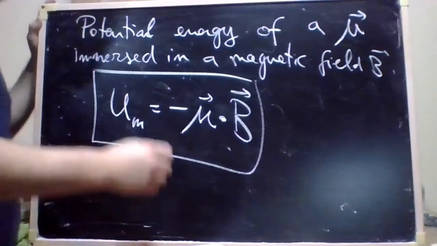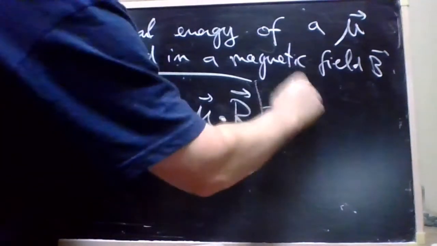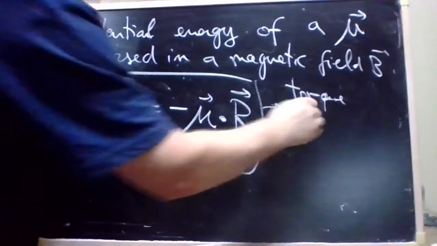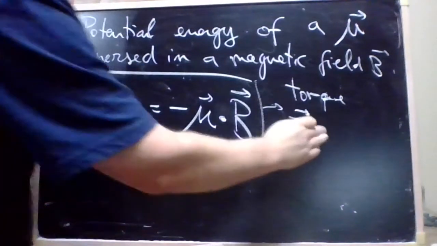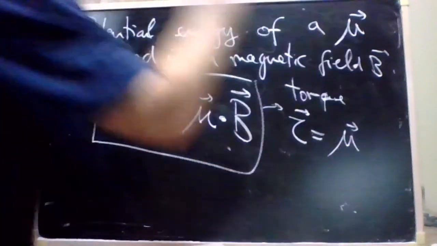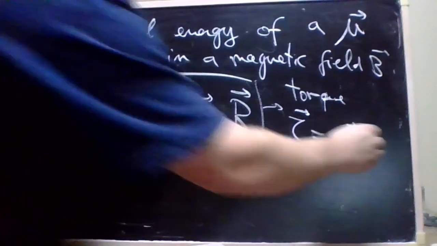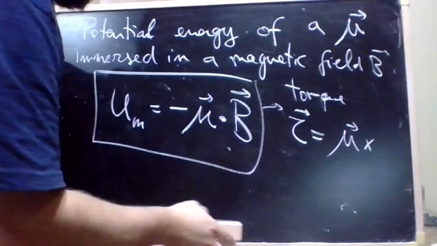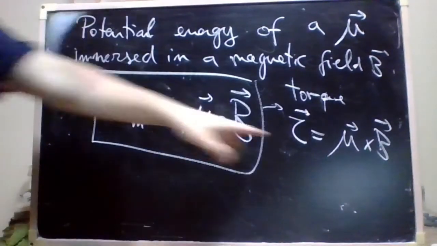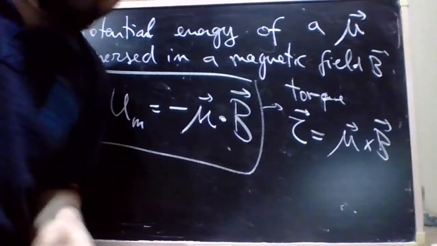And this kind of energy, if you calculate, produces a torque, call it tau, which is proportional to some constant. Suppose you are measuring in proper units. It's proportional to the cross product of mu cross the vector field B, all right?